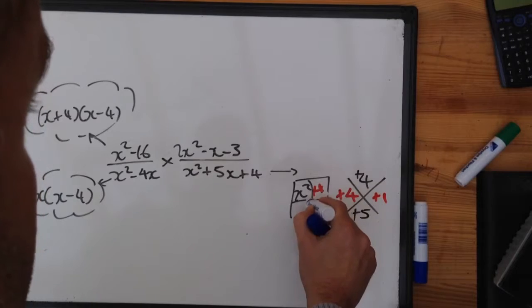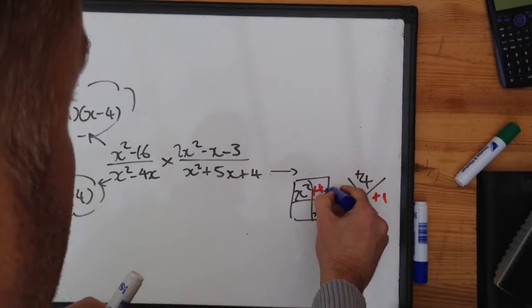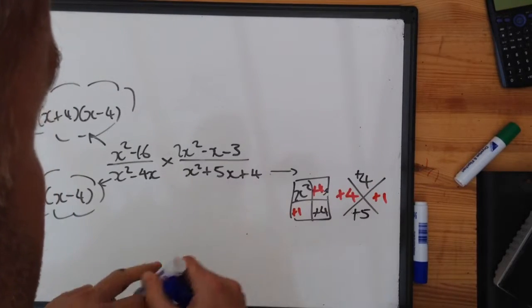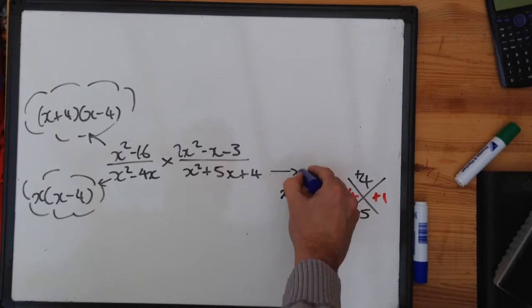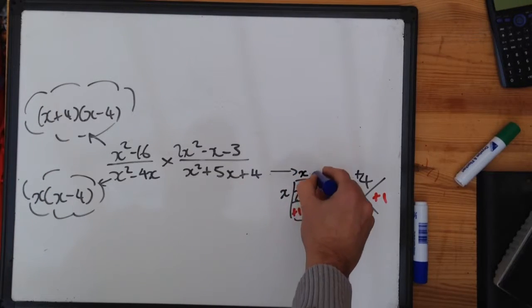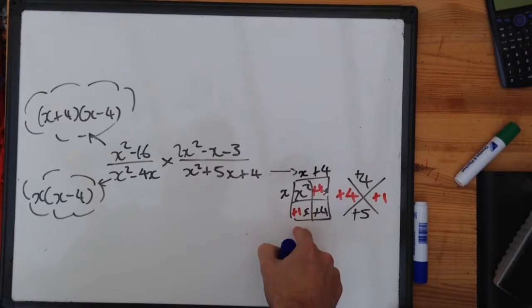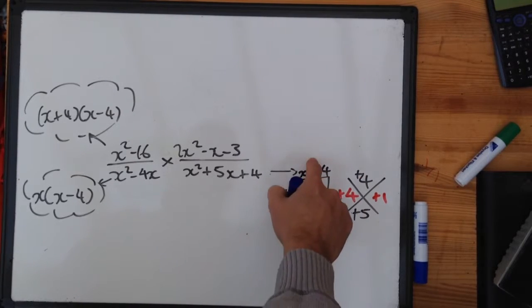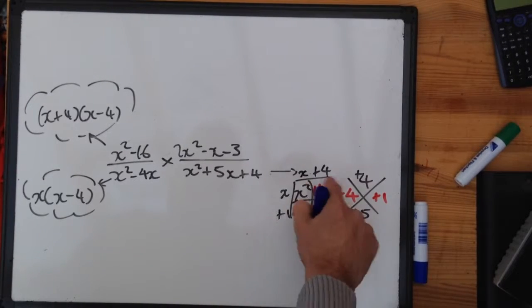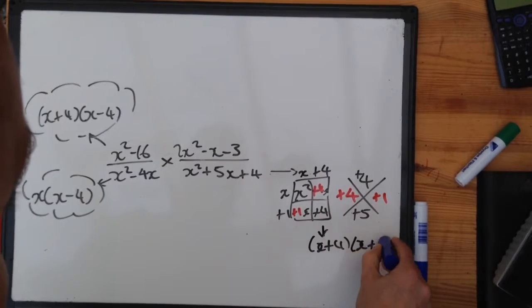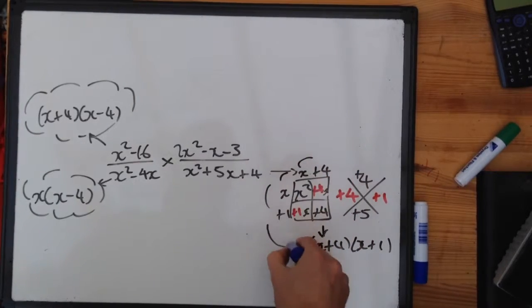So I've got plus 4x and plus 1x in there. Then looking at the factors, x squared is x times x, x times 4 is 4x, x times 1 is 1x, 1 times 4 is 4, so that works. So my factorisation for this one is going to be x plus 4 from that and x plus 1. So okay, that wasn't too bad.